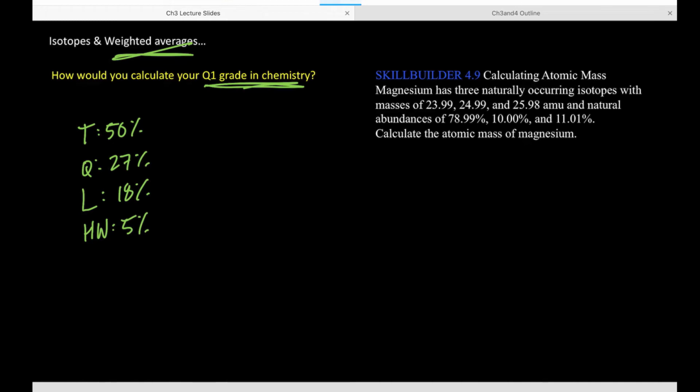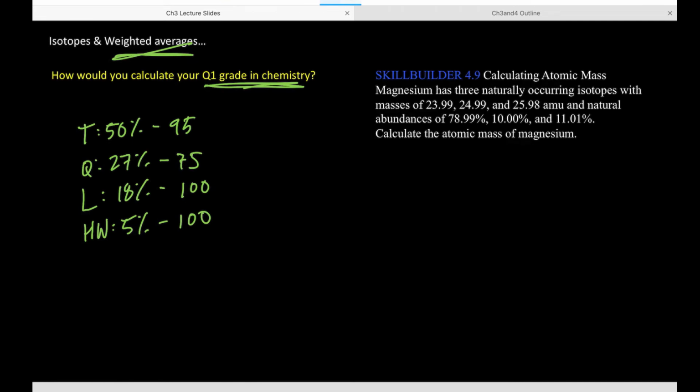So what that means is, let's just run a number here, right? Let's say your test average is a 95, and your quiz average is a 75, right? Your lab average is a 100, and your homework average is a 100, right? So if we were going to set that up, thinking about basic math stuff, when we do math with percents, what do we always do?